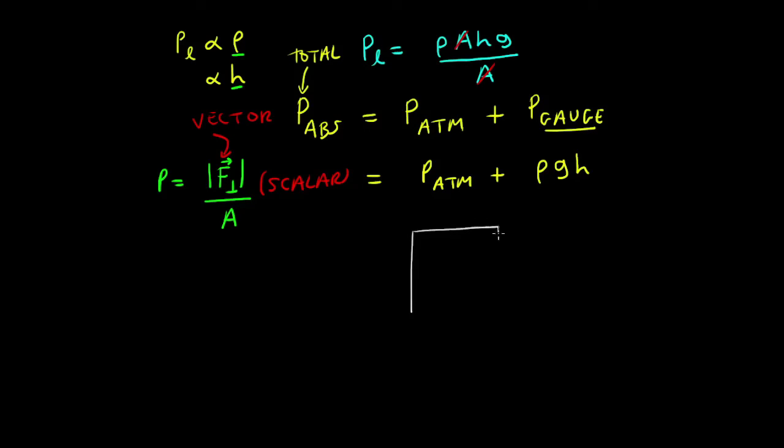Okay, so for example, if we look at this container here and it has a liquid in it, and we look at some surface at some height below the liquid, then the force due to the pressure of the liquid acts perpendicular to that surface. And if we had a surface oriented at some angle like this, that force is going to have the same magnitude but just a different direction, which is perpendicular to that surface.